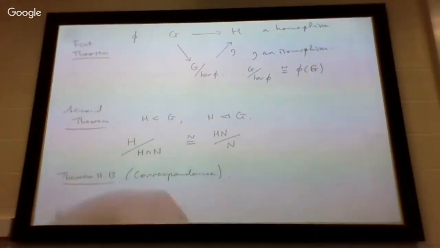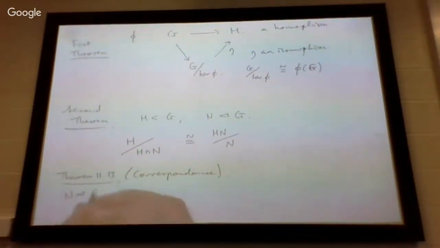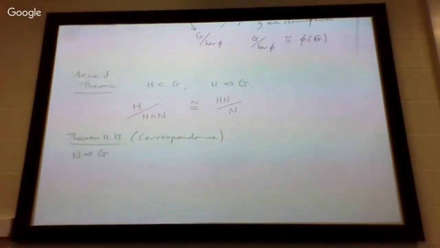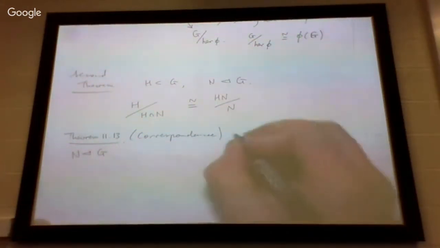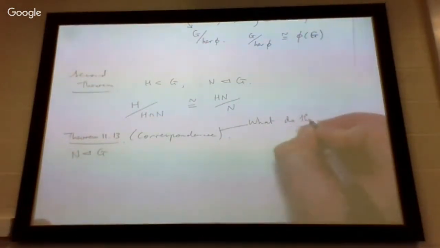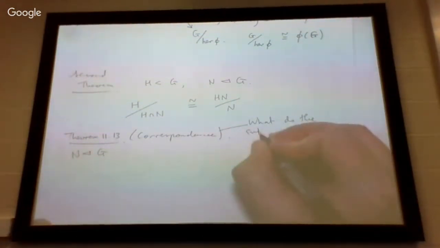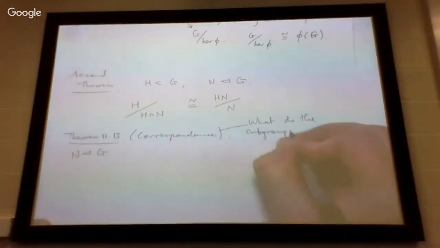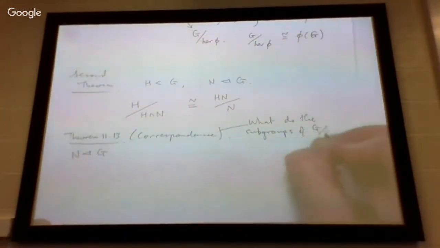So let N be normal in G. Familiar with this triangle less-than symbol? It means N is a normal subgroup of G. And this is basically about what the subgroups of G mod N look like.